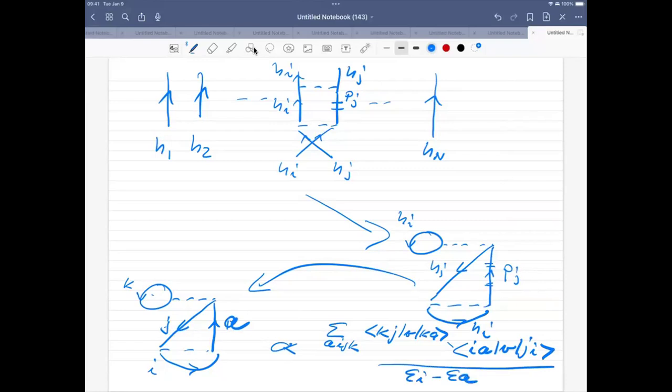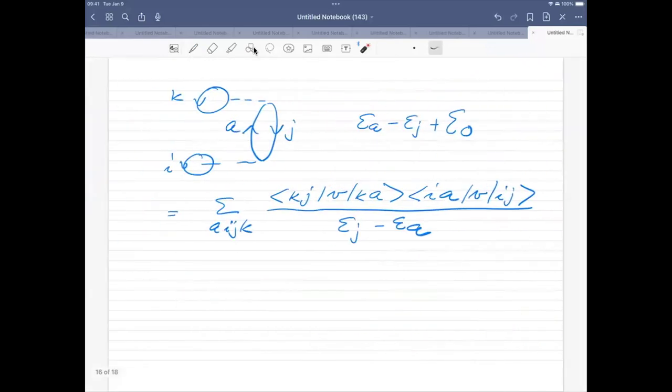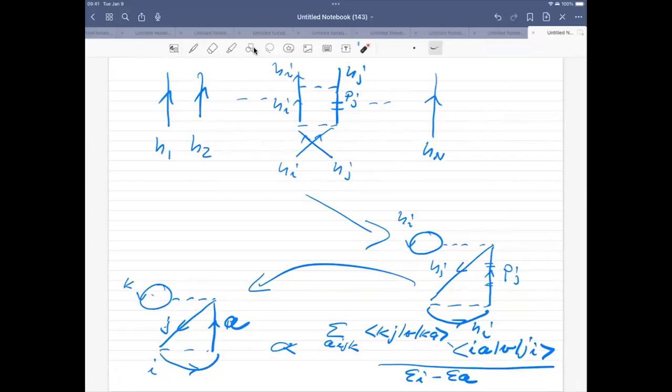Now, if you look back at what we have previously, you see that I have a matrix element, either with this one, which we found is equivalent mathematically to the diagram which you see here. You see that they have a matrix element which goes like IA, V, J. So let's take a closer look at what we have here.